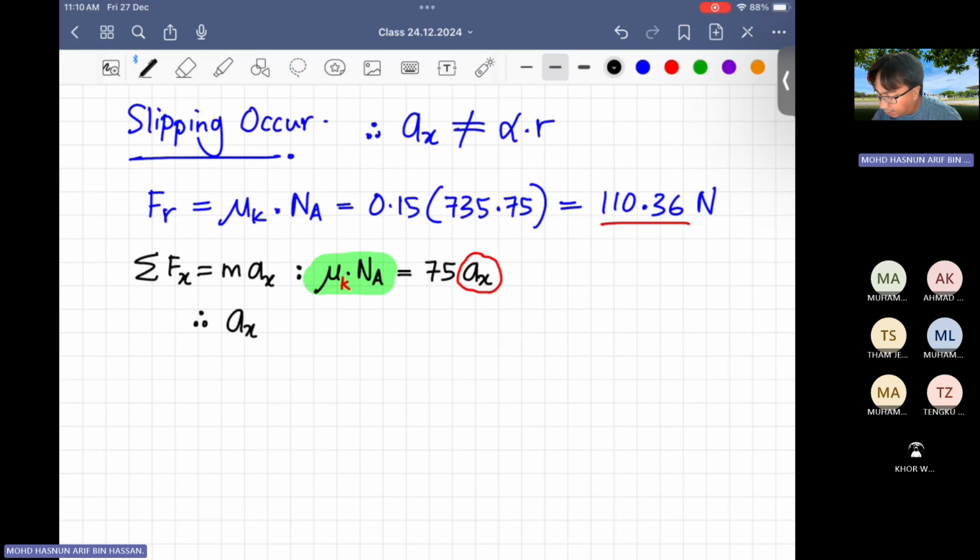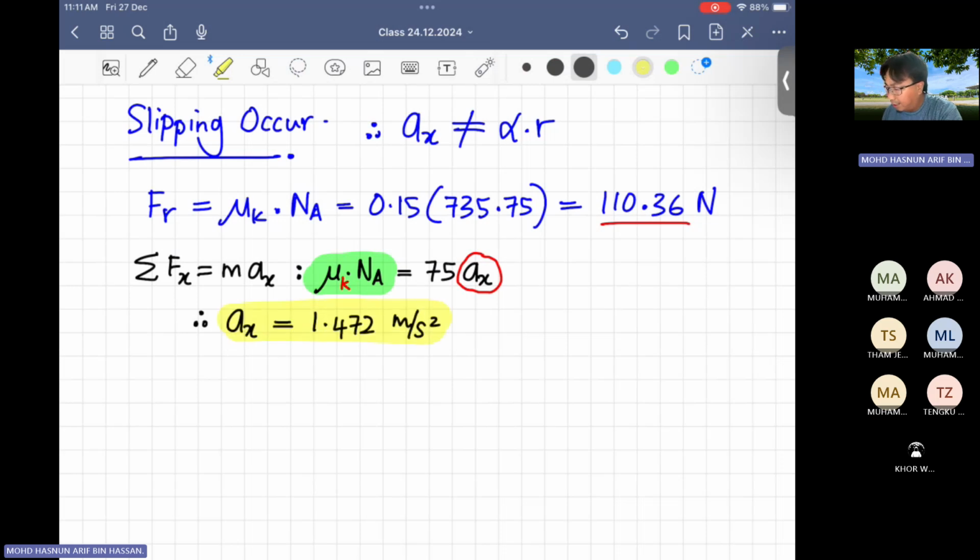Therefore, Ax is 110.36 divided by 75. So we have 1.472 meter per second square. So this is the actual value of Ax.